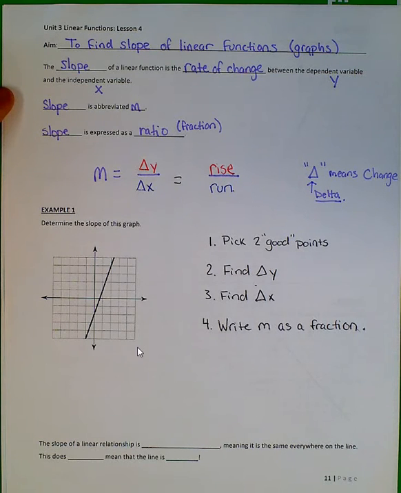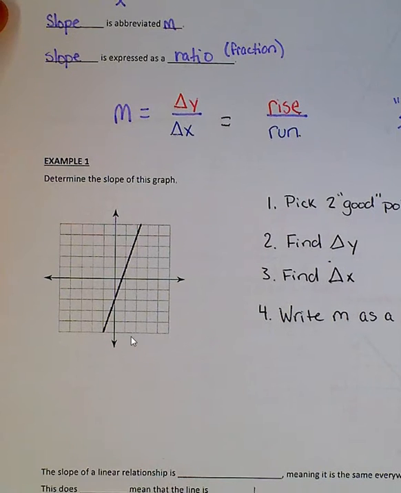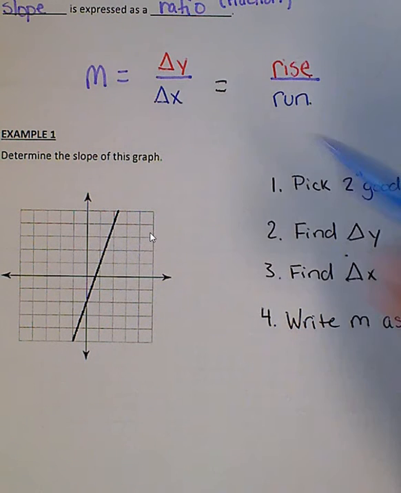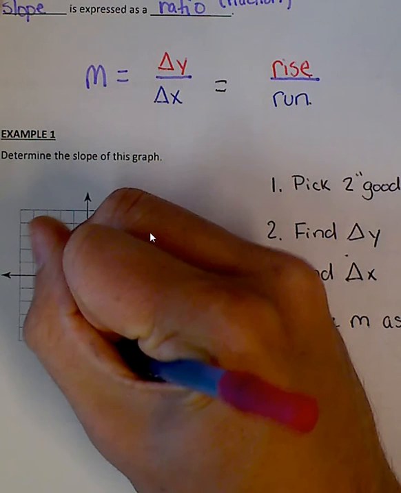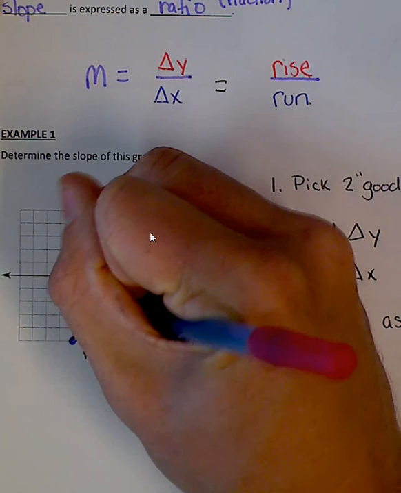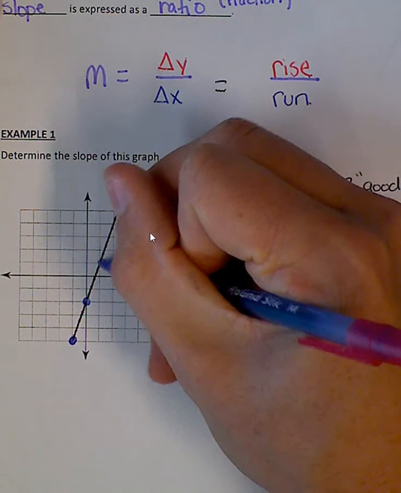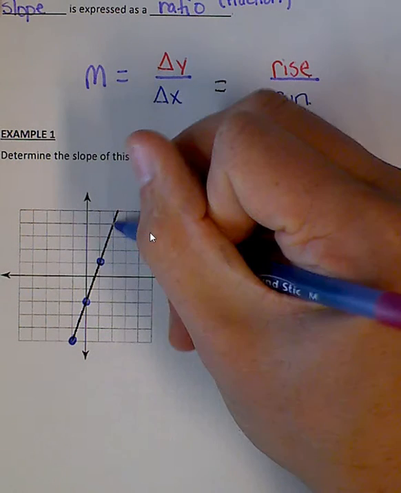Looking at example 1, I want to determine the slope, or the rate of change, of this graph. My first step is to pick 2 good points, and by good, we mean where the line hits the corners of the graph. There are actually a lot of good points on this graph. We have one here, another one here, a third here, and even a 4th here.